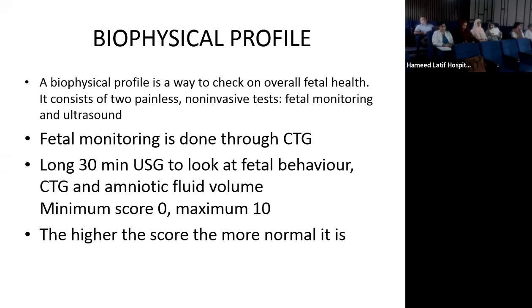Amniotic fluid index, why is it important? Again, the same question. Where does the amniotic fluid come from? The fetus. Why is it important? What is the brain sparing effect?